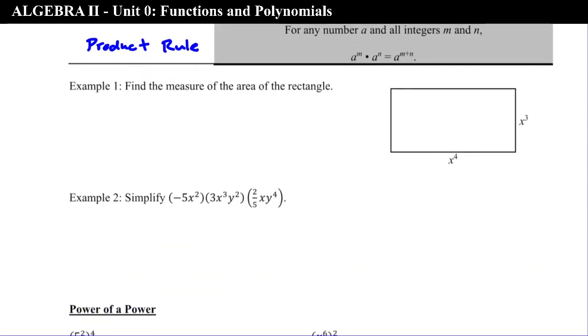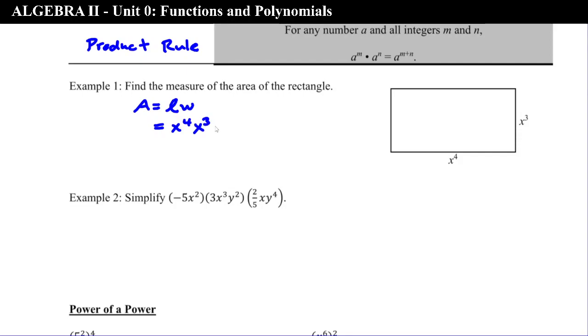Let's go to the world of geometry for a moment. Let's find the measure of the area of this rectangle that's on the right. Well, how do we find the area of a rectangle? Well, area equals length times width. Okay, so the length of this rectangle is x to the 4th, and our width is x to the 3rd.